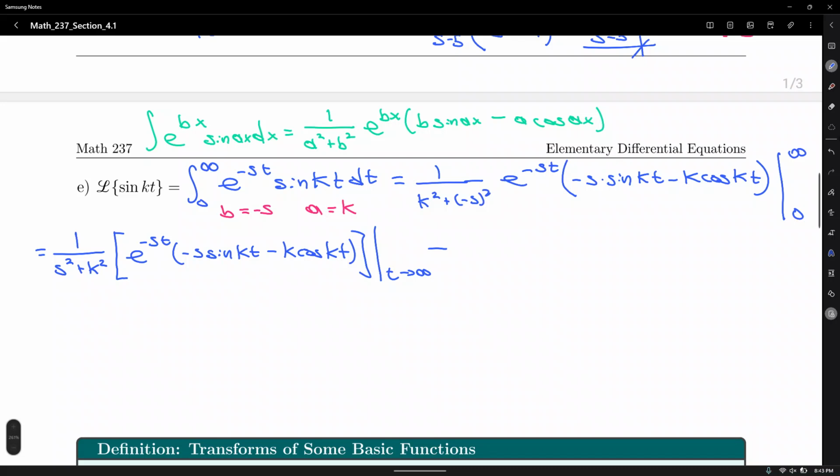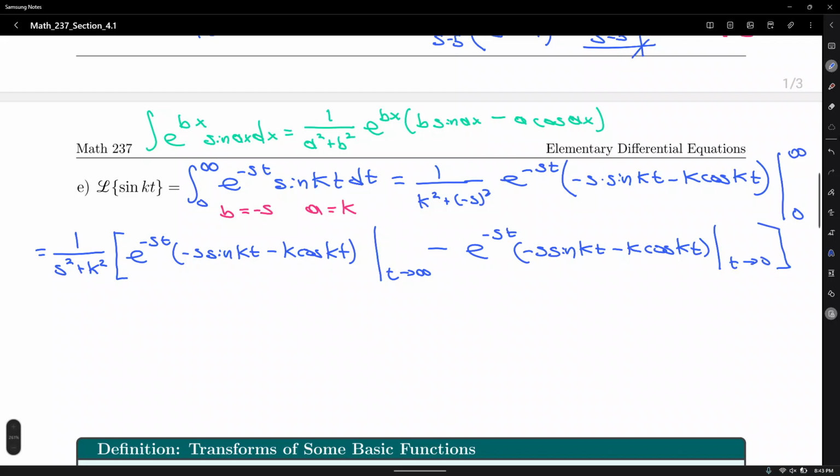Minus e to the negative st, essentially the same, negative s sine kt minus k cosine kt, and I'm going to evaluate this at the lower limit t equals 0, and close the bracket.